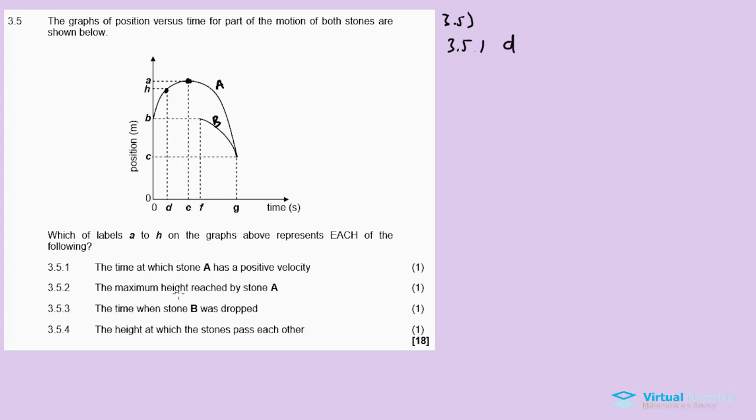And then the maximum height reached by A ubani, the maximum, let's be careful. These are times, and then these are the positions.